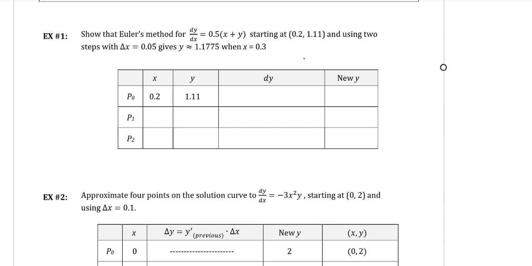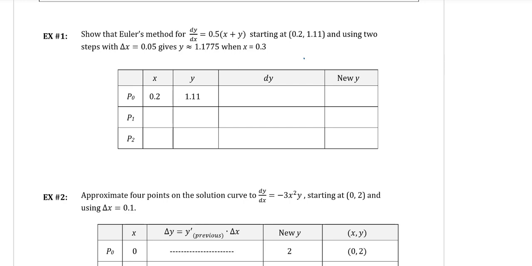Example 1, show that Euler's method for dy/dx equal to 0.5(x plus y) starting at (0.2, 1.1) and using 2 steps with a delta x of 0.05 gives y approximately equal to 1.1775 when x is 0.3.